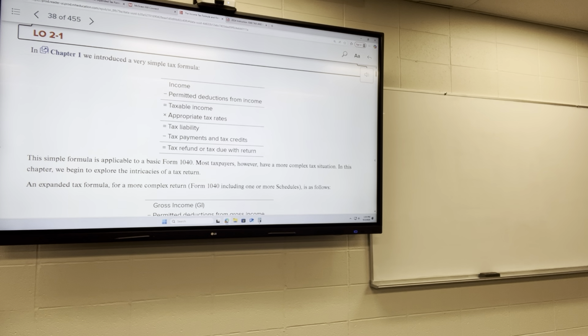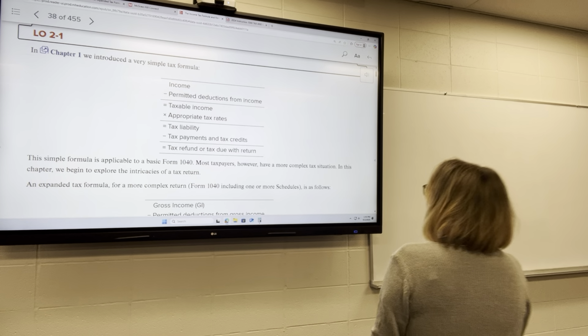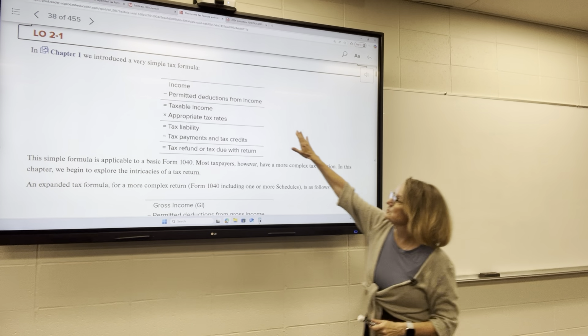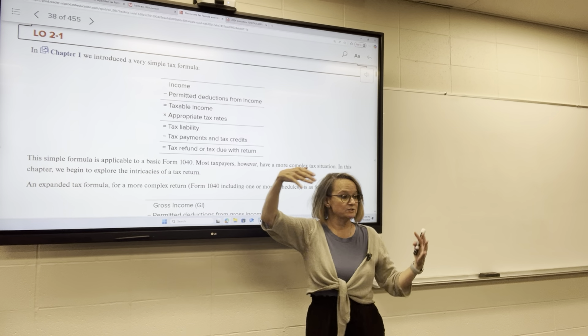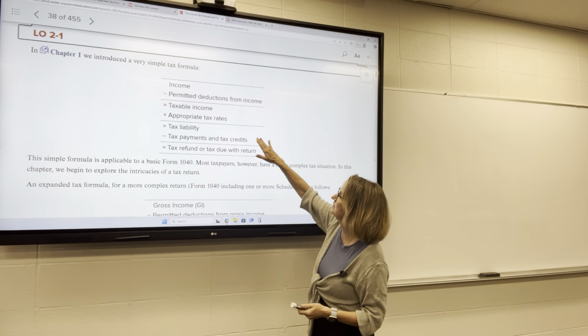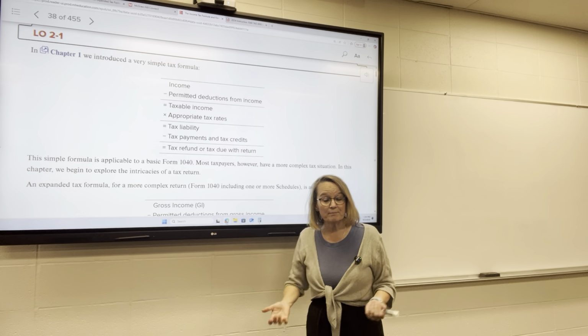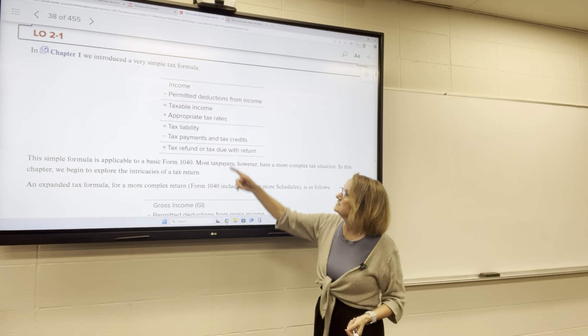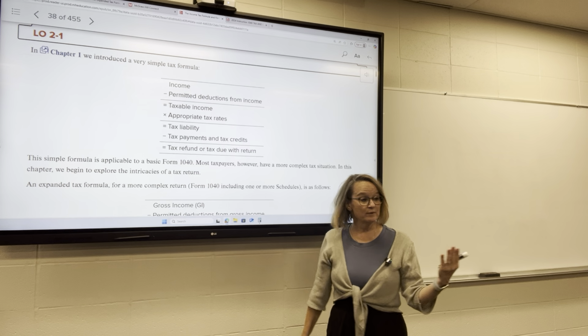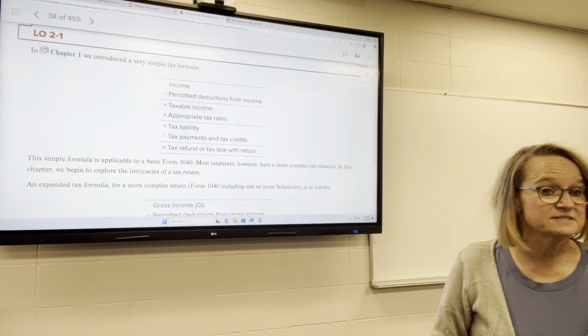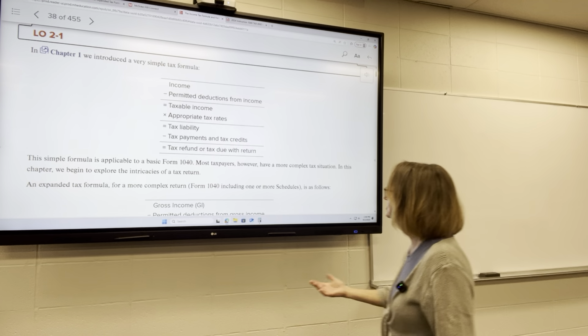Okay, so this was our simplified formula here. Income minus our permitted deductions. In our case right now, we were talking about the standard deduction, to arrive at our taxable income. Multiply that by the appropriate tax rate to get our tax liability. Then we would subtract any tax payments that have already been made or certain tax credits.